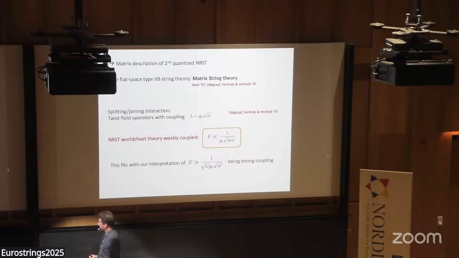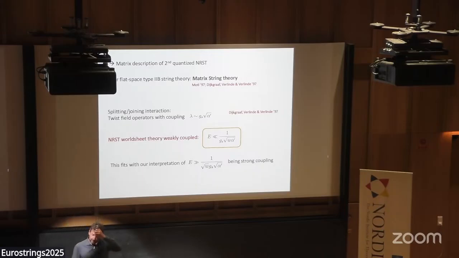But then if you go back to Dijkgraaf et al.'s paper and consider the interactions on the non-relativistic string worldsheet, then there is this twist field operator. And you can then convince yourself that this means that the non-relativistic string worldsheet theory is weakly coupled when you have sufficiently low energies like this. And this is precisely the opposite requirement of our near horizon requirement.